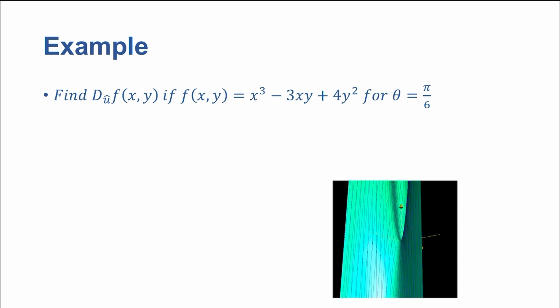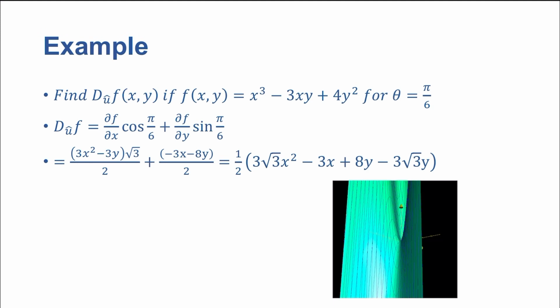Okay, so this is the case in which we are dealing with an angle and not the components of the unit vector. So to do this, we will plug it into our formula. So the directional derivative in the direction of u for this function is equal to partial f partial x cosine pi over 6 plus partial f partial y sine pi over 6.